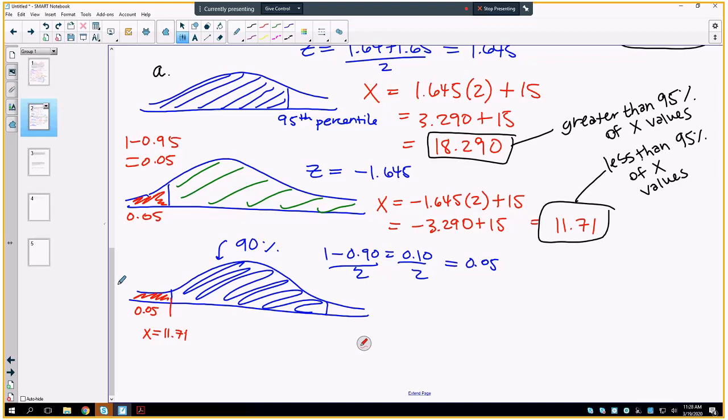And I already know from part A that if this is also 0.05, the x value that corresponds to that is 18.29. Okay?